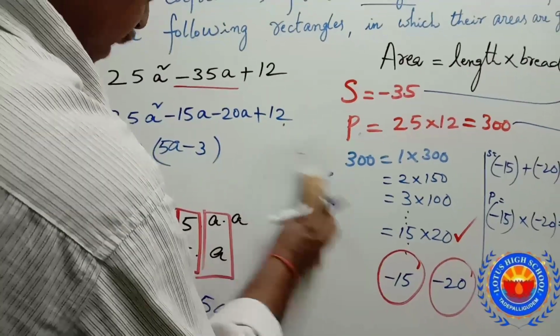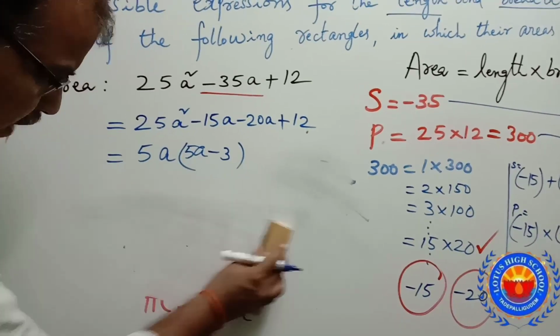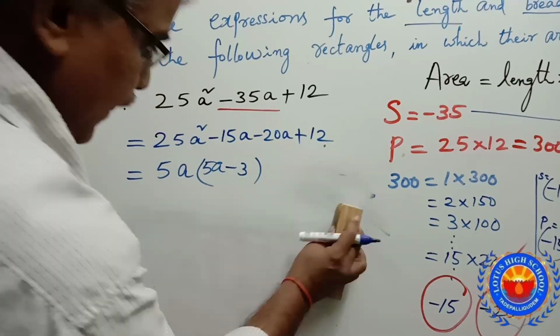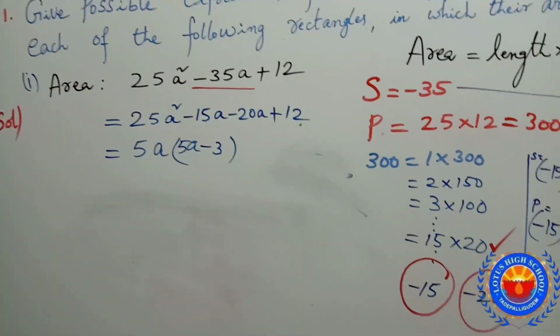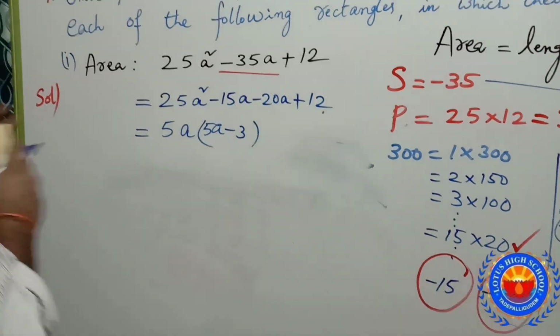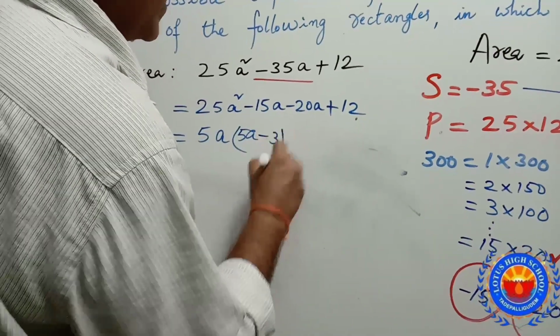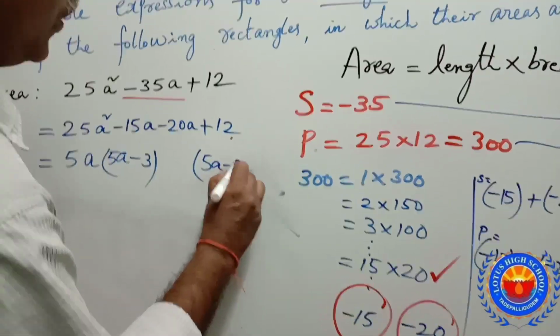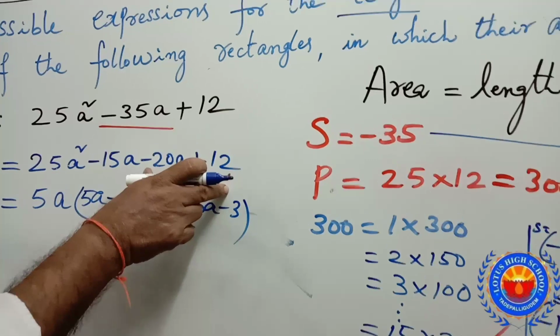Now we can do the remaining two terms in the same way, but I am using a shortcut way. Directly I will write 5a minus 3. Normally if you want, you can separate it and do minus 20a plus 12.